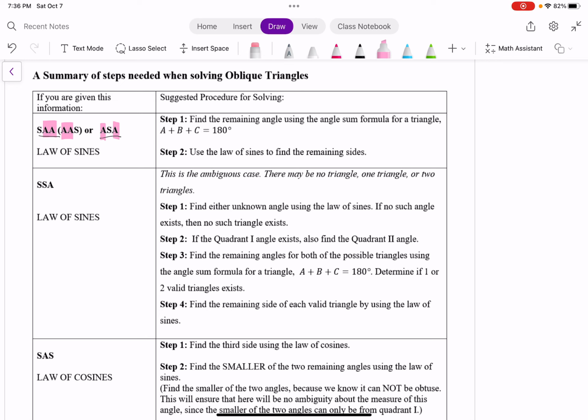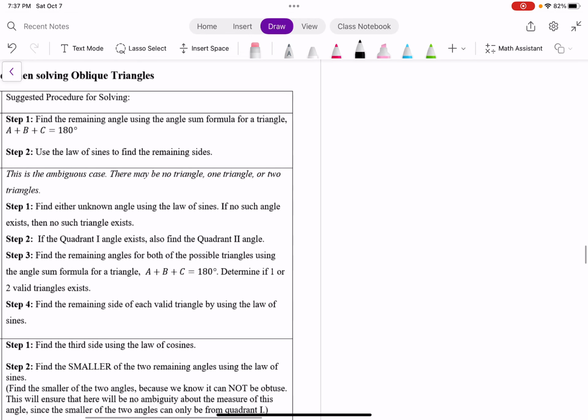And if I have the SSA, this is a special case because this one we call the ambiguous case. I have two sides, S and S, and then I know one angle, this angle. I know only these three pieces of information. Maybe this is an acute angle like this.